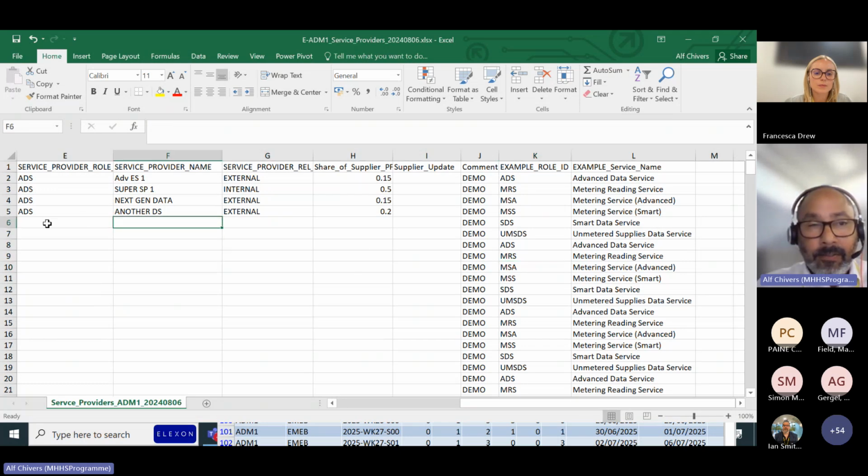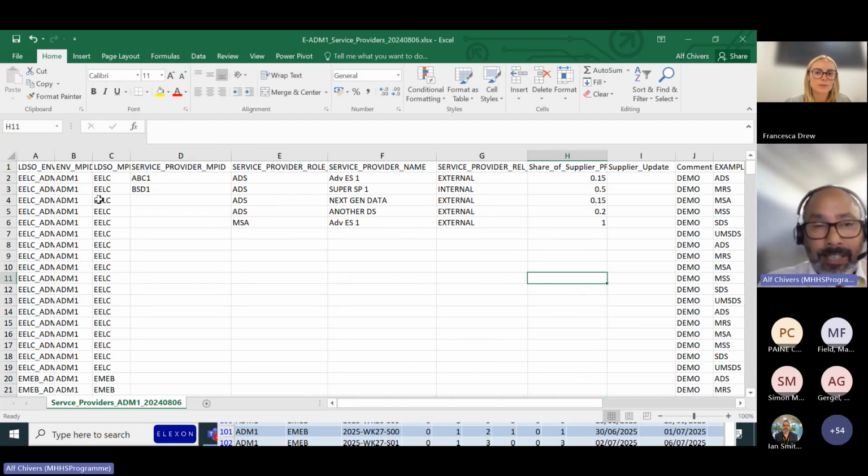So we could actually have one there as that role. Is it not painting? I'll just type it in. So metering service advanced, and that just happens to be, again, that one, the same one. And we could just say that's doing the whole of that submission for that one.